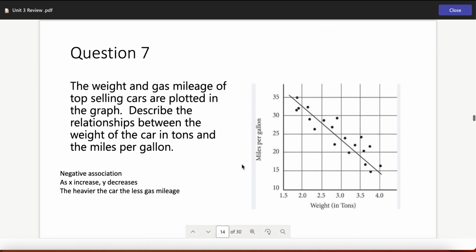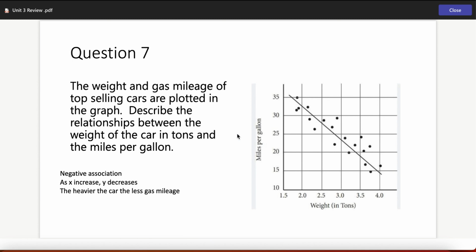Question 7. Here, the weight and gas mileage of top selling cars are plotted on the graph. You have to describe the relationship between the weight of the car in tons and the miles per gallon. Let's take a look at the graph. The answer is a negative association.